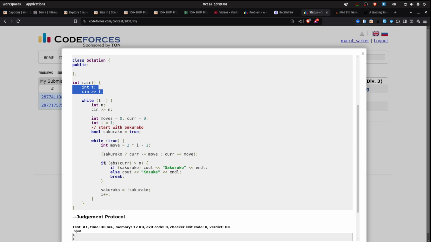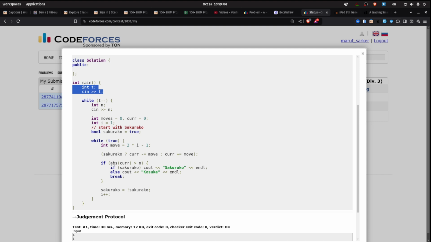After that, initially I create a boolean variable Sakurako, which is true. That means start with Sakurako. So if Sakurako is starting the game, then the current position will be decreased. Or if this is not the case, then Kosuke's position will be increased.